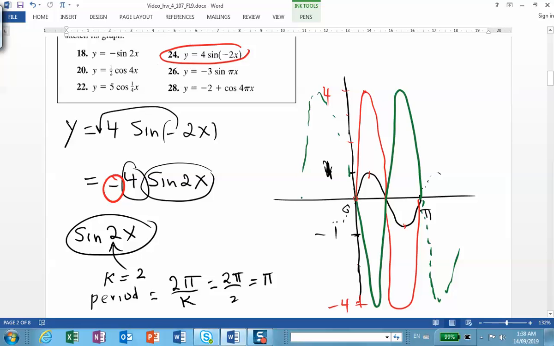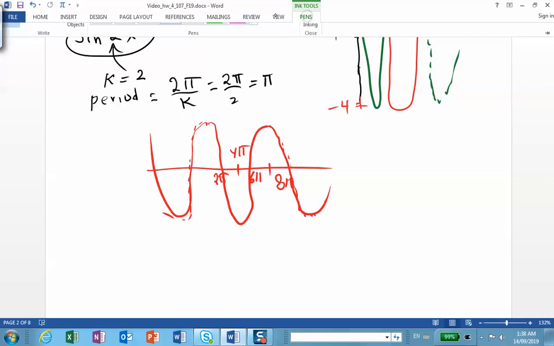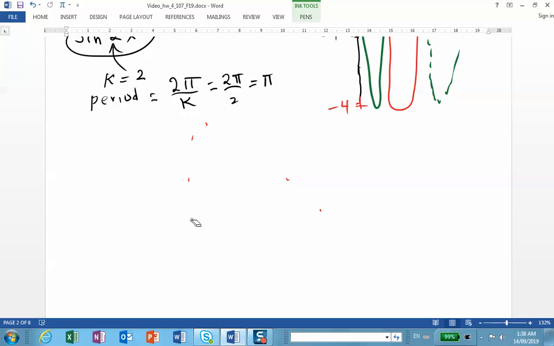So let me first get rid of this junk. I'm going to get rid of this. Okay. And I'm going to redraw that green one on a clean axis without the intermediate curves being present. Okay. So let's do that. Green one. The period was pi.